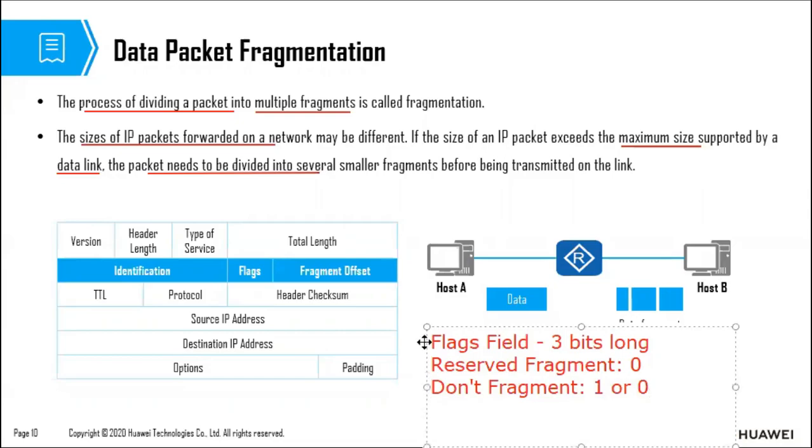Then the last one is more fragments. Again, it can have a 1 or a 0. 1 indicating we have more segments that are coming. When it's a 0, it means this is the last segment or fragment.